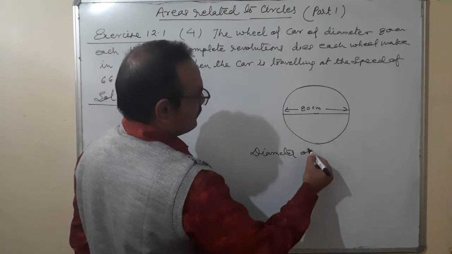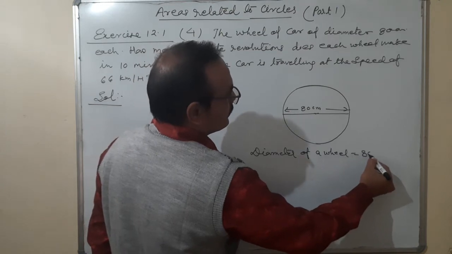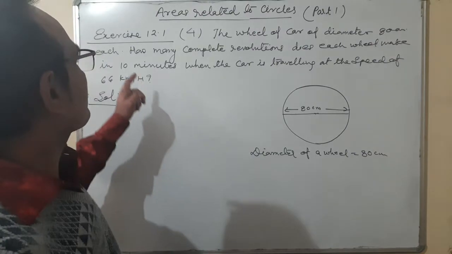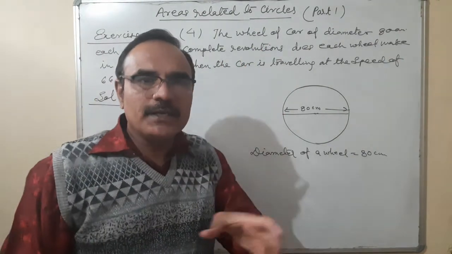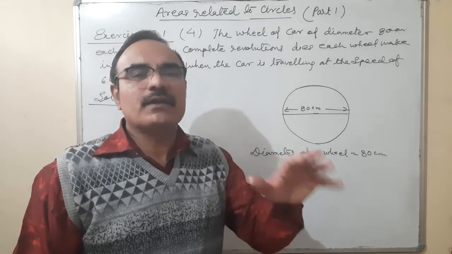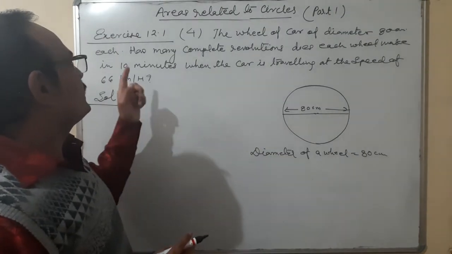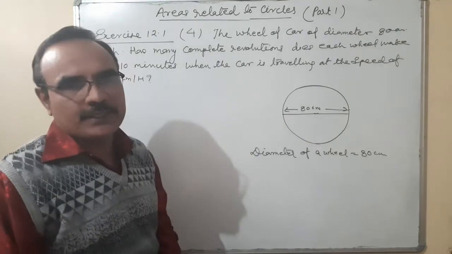Diameter of a wheel is equal to 80 centimeter. First one, how many complete revolutions? That means how many complete rounds does each wheel make in 10 minutes when the car is traveling at a speed of 66 km per hour?